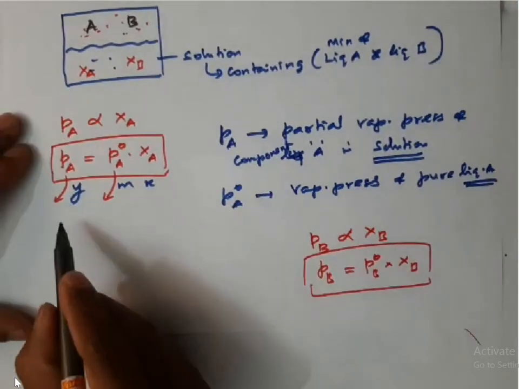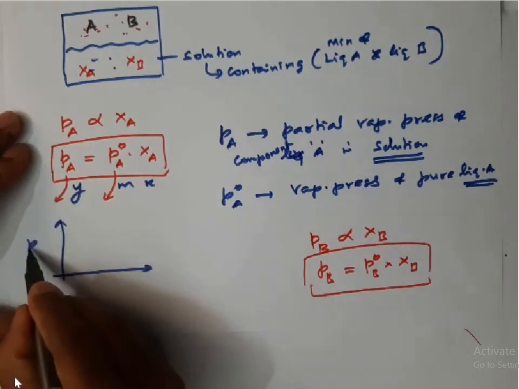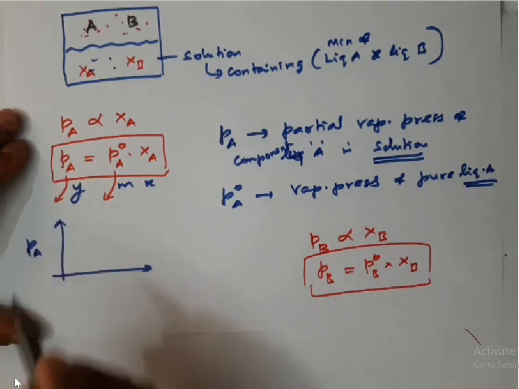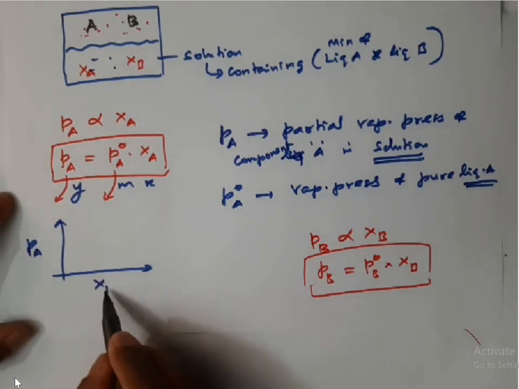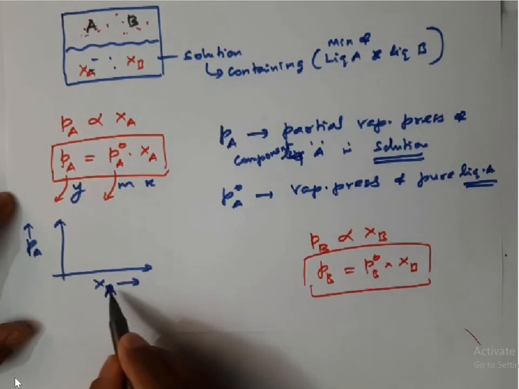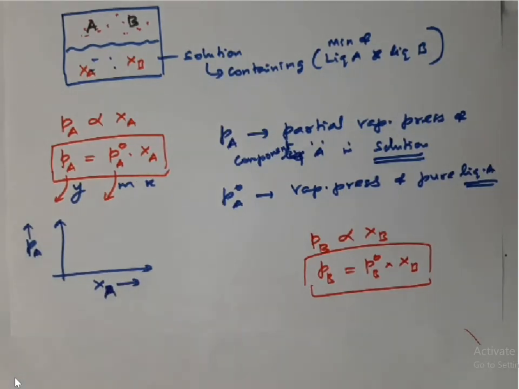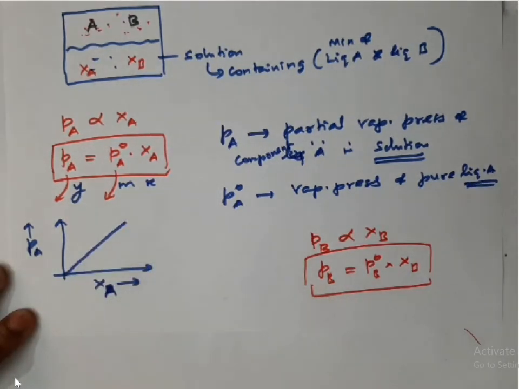So if I plot partial vapor pressure of A in a solution on the y-axis, and mole fraction of A in the liquid phase, we will get a straight line passing through origin.